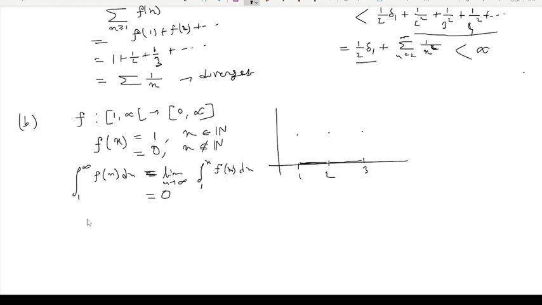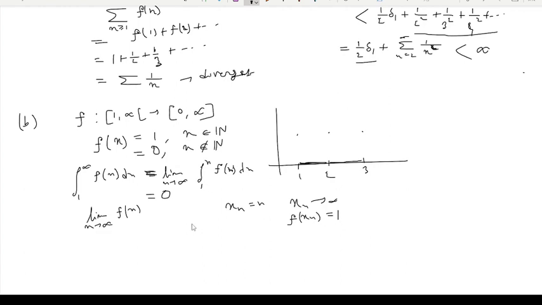But here limit x tends to infinity fx actually does not exist. If we take a sequence xn equal to n, then xn tends to infinity, and clearly all fxn will be 1 because at natural numbers f takes the value 1. So it is a constant sequence, fxn equal to 1 for all n, so limit n tends to infinity fxn will be 1.